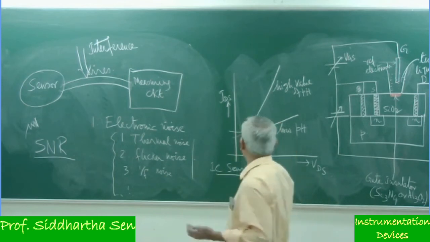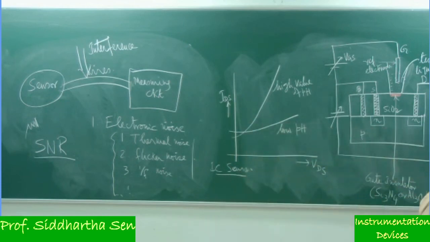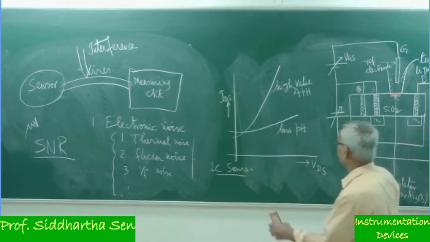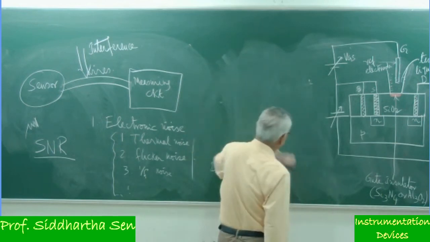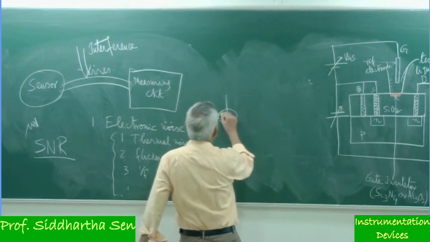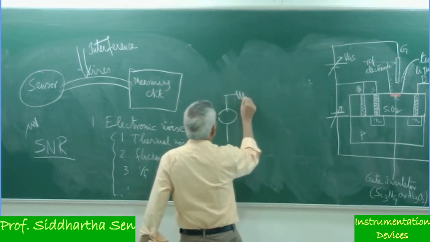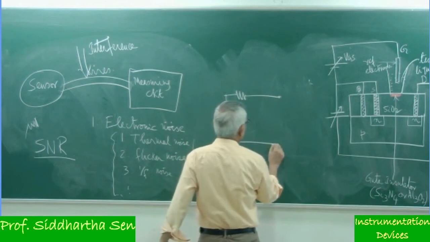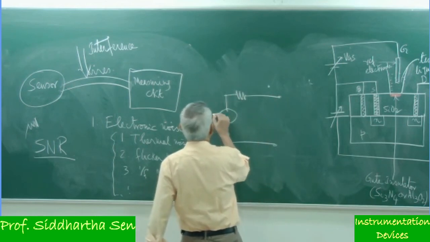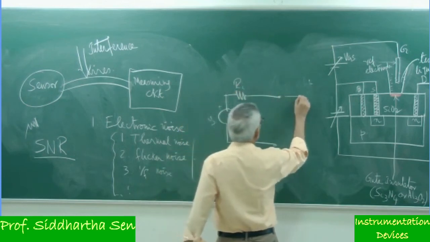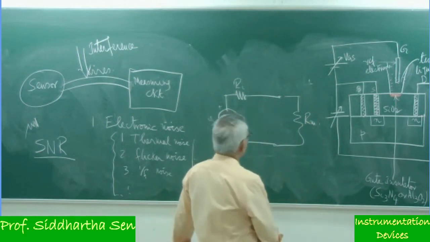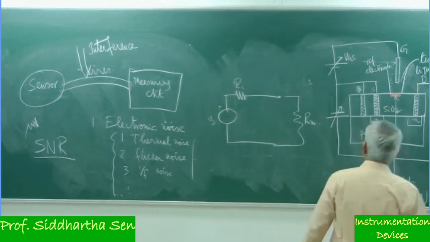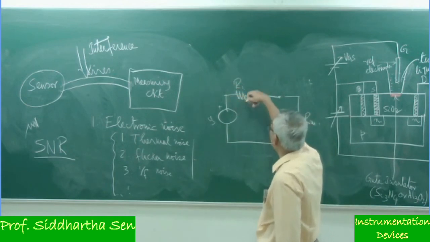If we have a source Vs with internal resistance Ri, and some measuring scheme like this, then to avoid the loading effect, we know that Rm must be much higher than Ri.